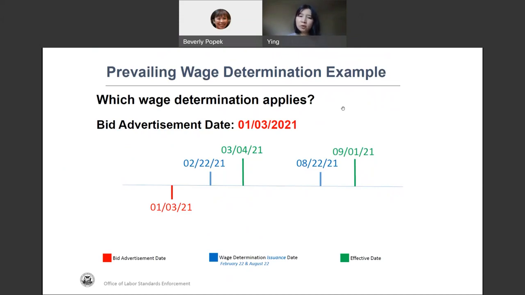But most importantly, we look at the effective date. The effective date is 10 days after the issuance date. So we're going to look at March 4th of 2021 and also September 1st of 2021. And in this example, do you know which wage determination to be used? I'll give you a few seconds to find out.